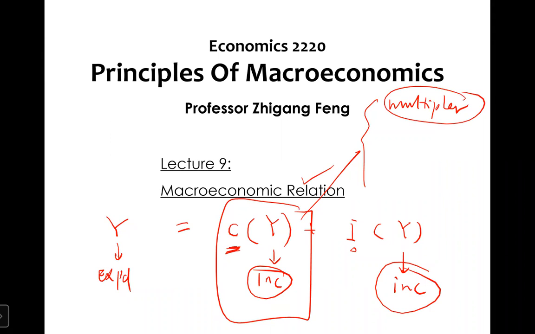Inside this multiplier, we talk about MPC. That tells you to what extent we are connected. As an extreme example, if MPC equals 0, we are not connected. For the $1 I receive, I'm not going to pass it on to the next person, so we are completely isolated.